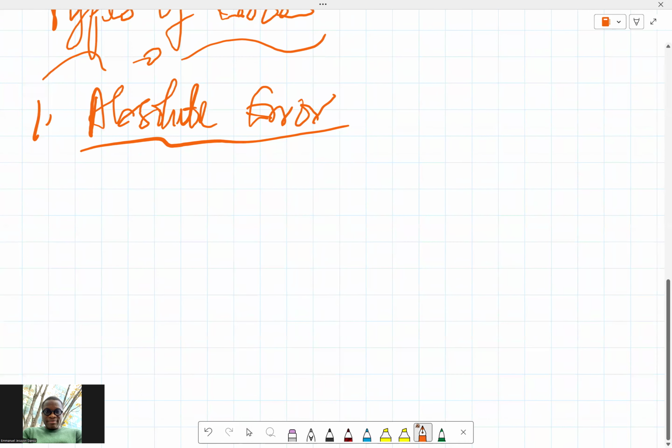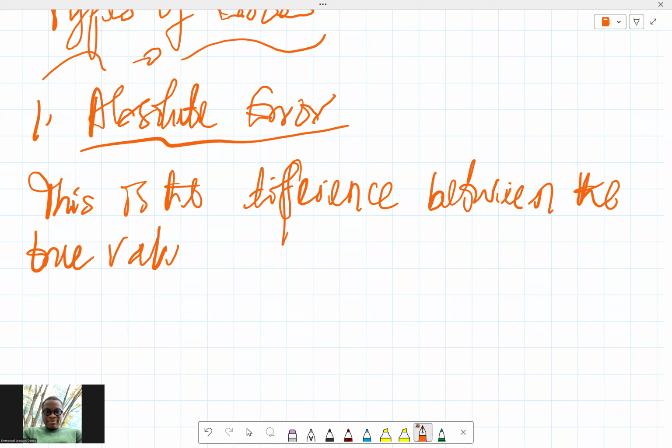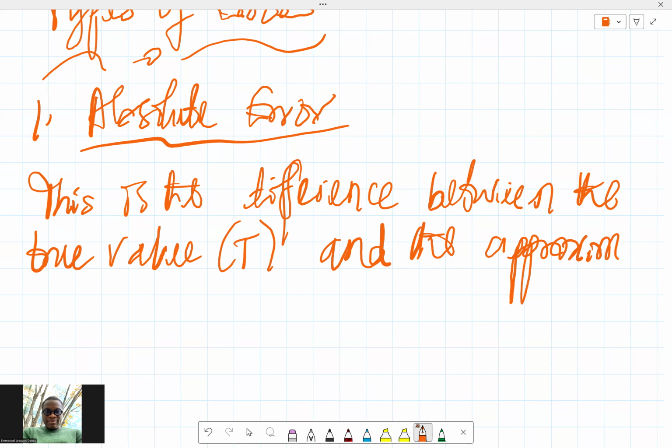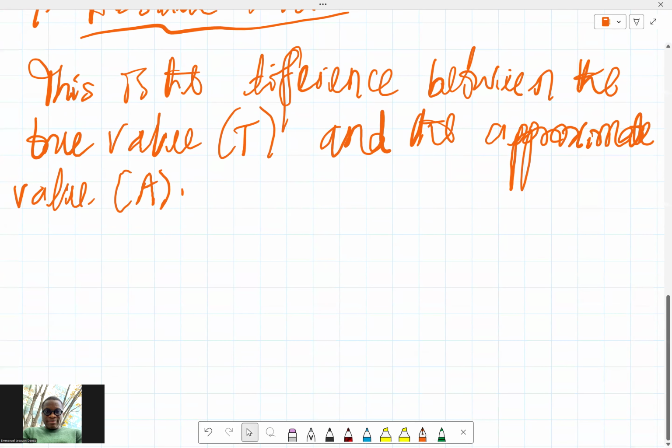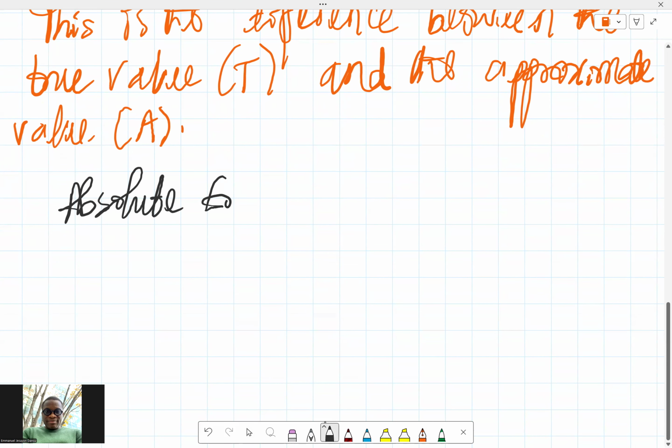Absolute error is the difference between the true value, which we can call T, and the approximate value, which you can call A. So we can define absolute error as the absolute value of T minus A.